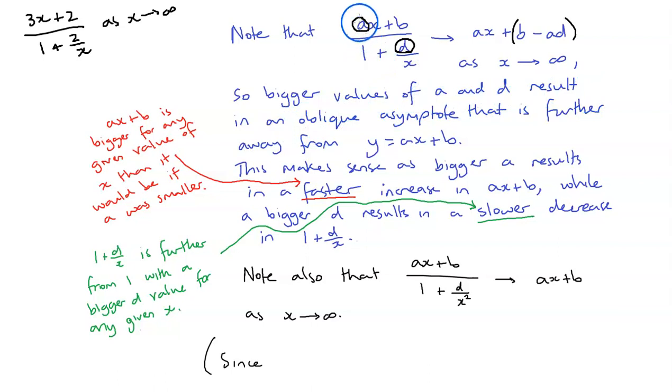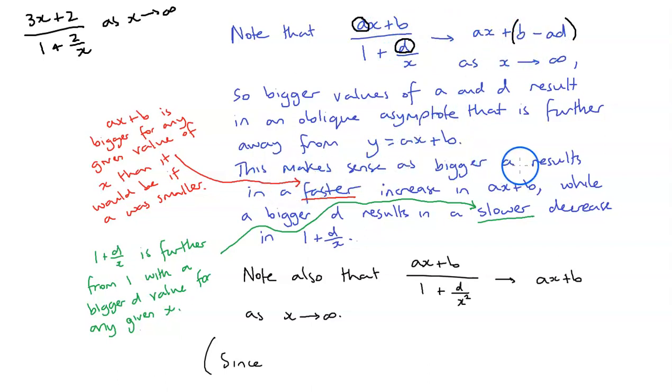Whereas if we make them smaller, the whole thing gets closer and closer towards ax + b.